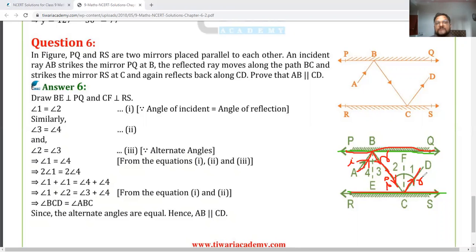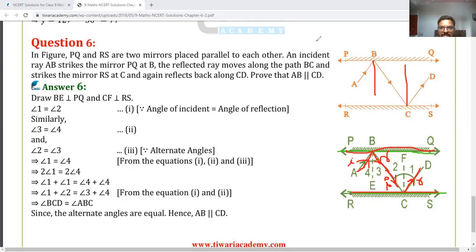But at the same time, when we talk about the mirror surface RS, that same ray BC, which was the reflected ray for AB, now comes and hits RS, it becomes incident, and after that it reflects, that is CD, the reflected ray. Now we know in physics that we draw the normal, that is a 90 degree imaginary line, between the incident ray and the reflected ray.